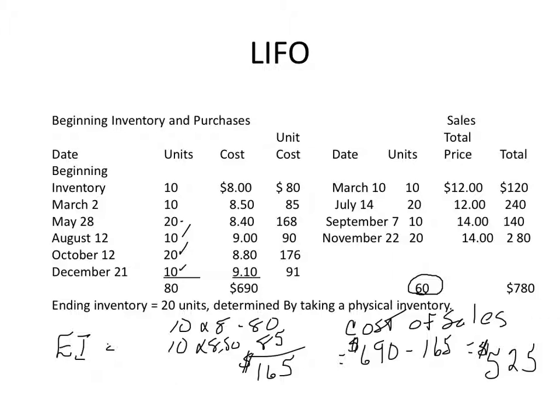So you can see that in this case our cost of goods sold is higher under Lifo than it was under Fifo, and therefore our net income is going to be lower under Lifo. So Fifo shows a higher net income than Lifo, not because the company did a better job, simply because there are what's called paper profits in Fifo.